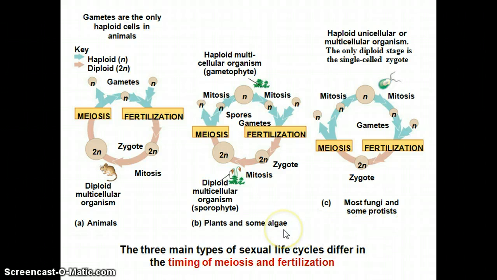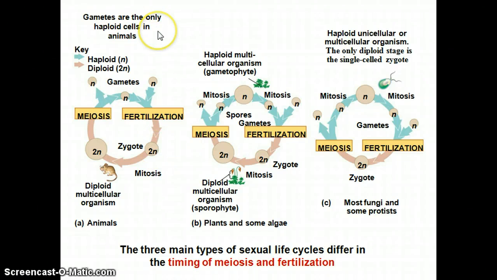So again, going back a number of slides, we were talking about sexual life cycles. And there are three main types of sexual life cycles among living organisms. What differentiates the three is the timing of meiosis and fertilization. So how long meiosis is part of that life cycle and how long fertilization is part of that life cycle. Or how long the organism spends its lifespan as a 2N, a diploid organism, or a haploid.